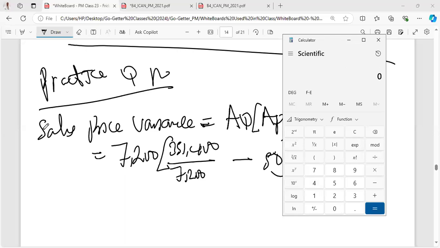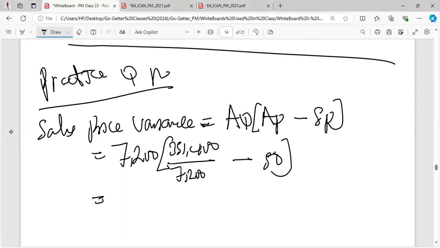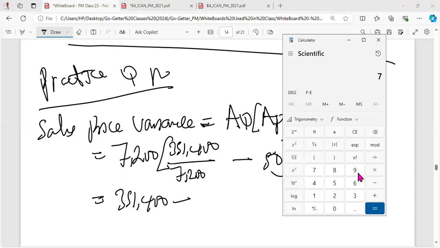So look at another way of doing it. I will expand the bracket and multiply this by everything here. So this will cancel this to become 351,400 minus this multiplied by this. So that's the better way of doing it. 7,200 multiplied by 50 will give you 360,000.